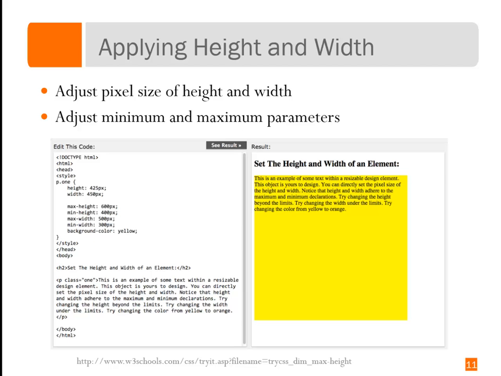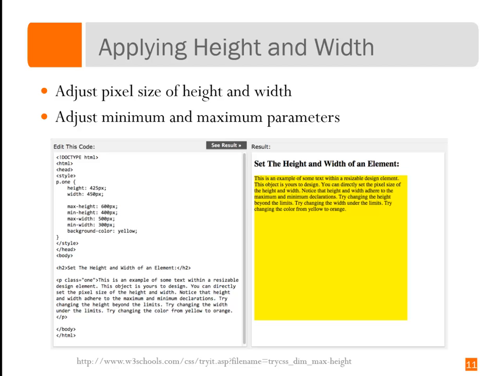Now, we want to talk a little bit about applying height and width. Predominantly, when we're looking at our HTML document, we may have a particular viewing section, and we want to adjust the pixel size of that height and width.